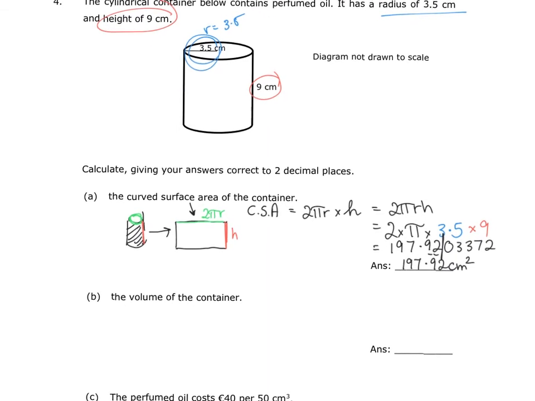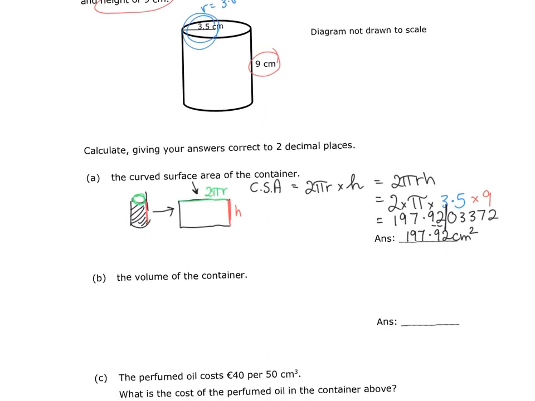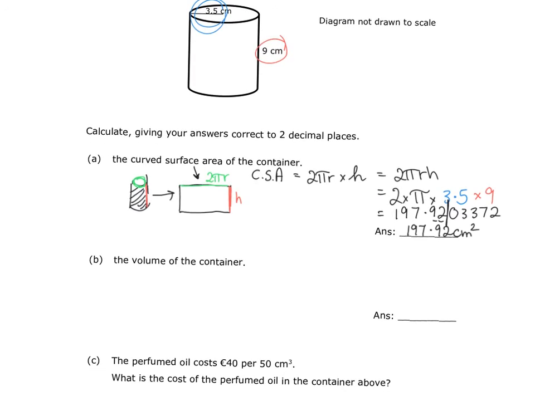Now we need to find the volume of the container. For the volume of a prism, and a cylinder is a prism, we need the area of the cross section times the height. The cross section is this part, so basically it is the circle.